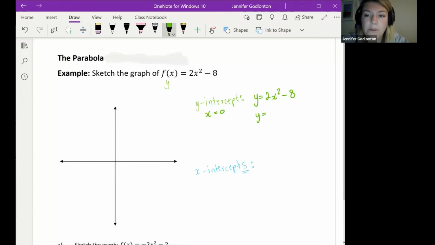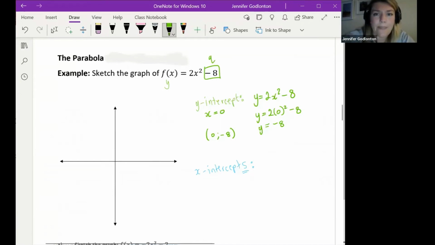So y is equal to 2 times 0 squared minus 8. 2 times 0 is just 0, which means y is negative 8. And so our intercept is (0; negative 8). And remember, it's just that number over there. We don't have to do anything fancy. We can just look at our q value. It's always going to be our q value.